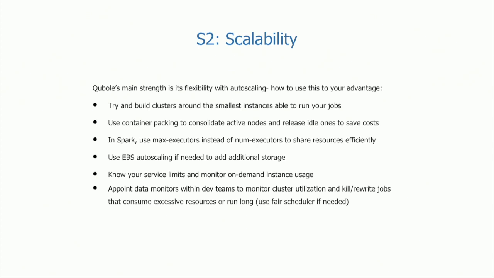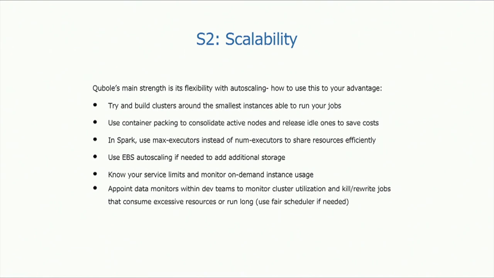So in parallel to that, option 5 here is know your service limits and monitor on-demand instance usage. If you do run into situations where you're using a lot more, say, M4 extra large than you planned on, if you're only allowed 200 on-demand instances in a region, you can hit that number pretty quick.